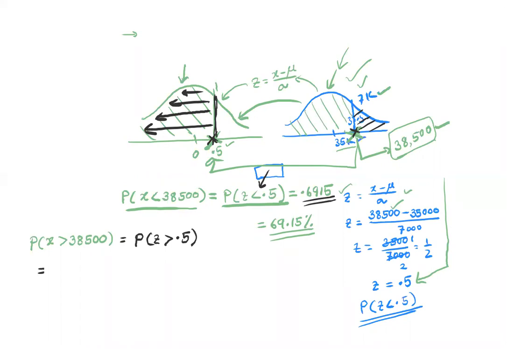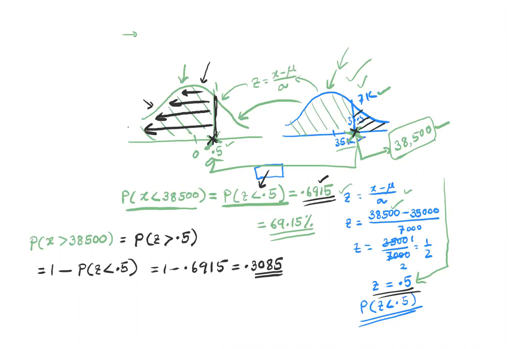But we can always find the area to the right by doing the following. We know all the area under the curve is 1, minus the area to the left, which is 1 minus the probability that z is less than 0.5, which is 1 minus 0.6915. So 1 minus 0.6915 is 0.3085.